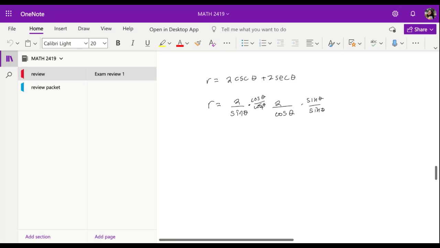And so our resulting fraction will be 2 cosine theta plus 2 sine theta over sine theta cosine theta.